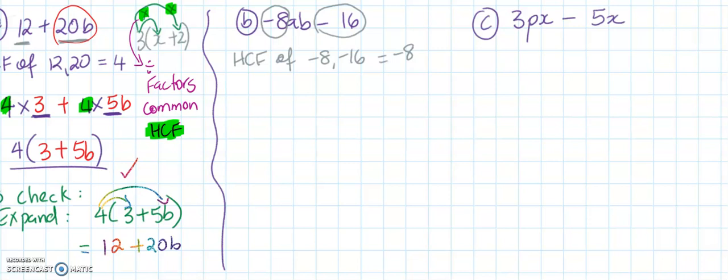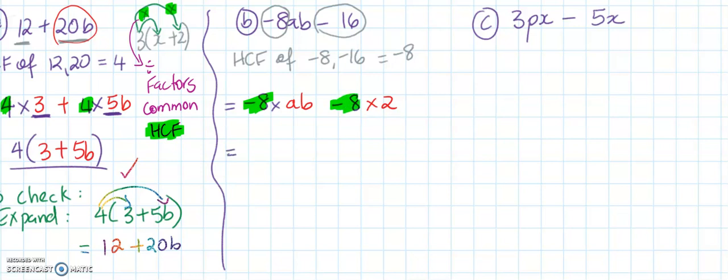Okay? So let's rewrite this. So I have negative 8 times a and b. Try to keep it to the same colors. Okay, and our negative 16 is actually negative 8 times 2. So these numbers are common.